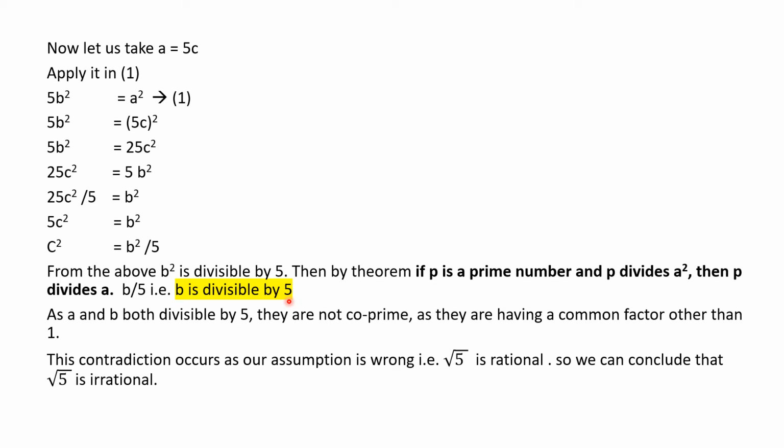Here we got both numbers having the common factor 5, so the HCF is 5. As a and b are both divisible by 5, they are not co-prime, as they have a common factor other than 1. This contradiction occurs because our assumption is wrong. We assumed that root 5 is rational, so we can conclude that root 5 is irrational.